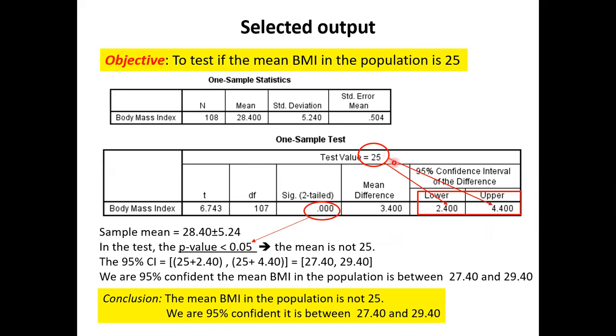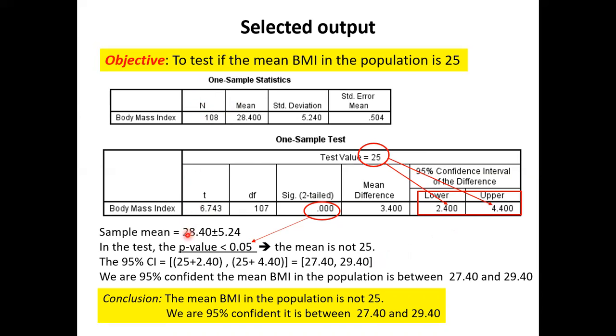What do you do? To the last two columns, we add the tested value to the lower, that is 27.4, and add to the upper, that's 29.4. See the flow? We took a sample size of 108.